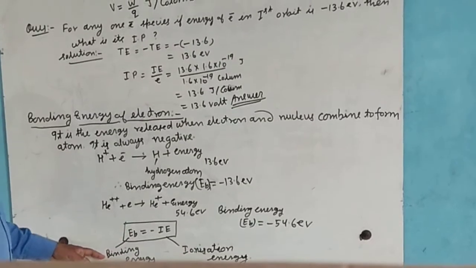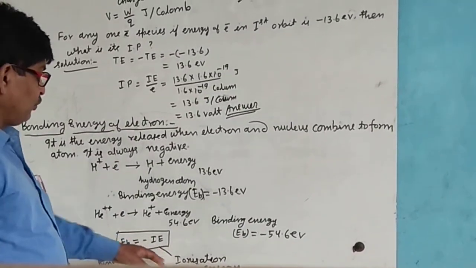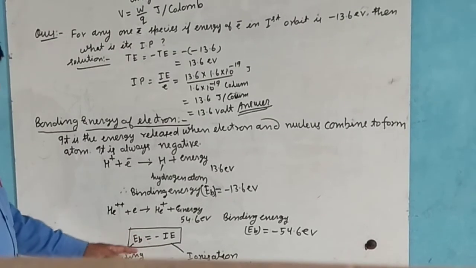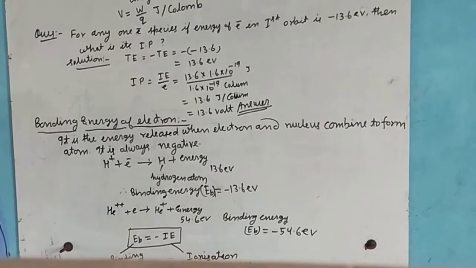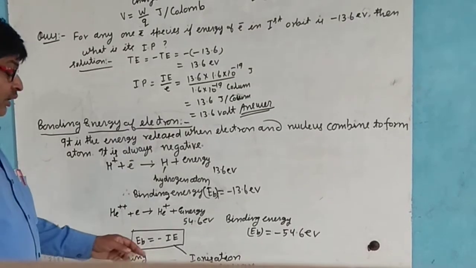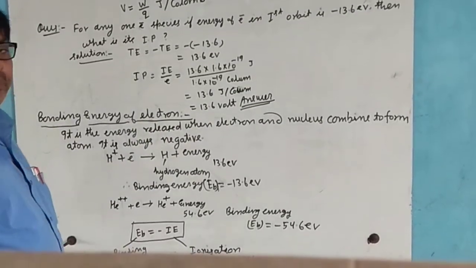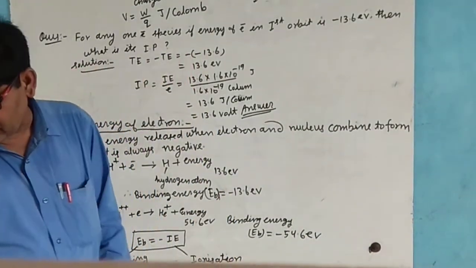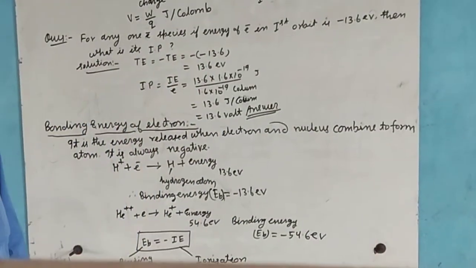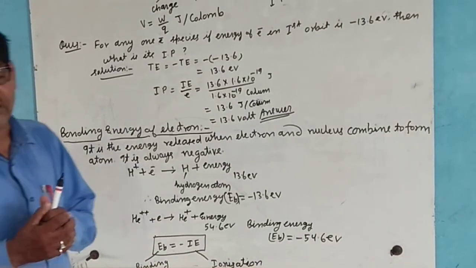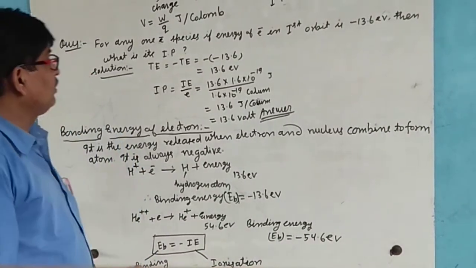Bonding energy and ionization energy are equal in magnitude, but the bonding energy is negative and the ionization energy is positive in this case. Now we discuss the excitation energy.